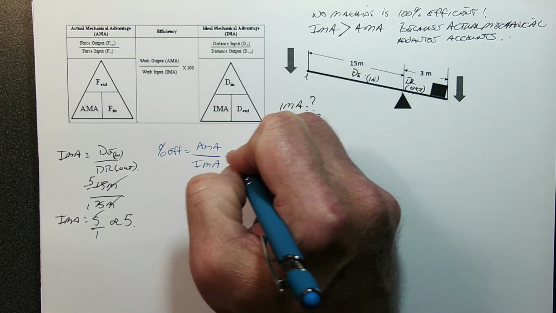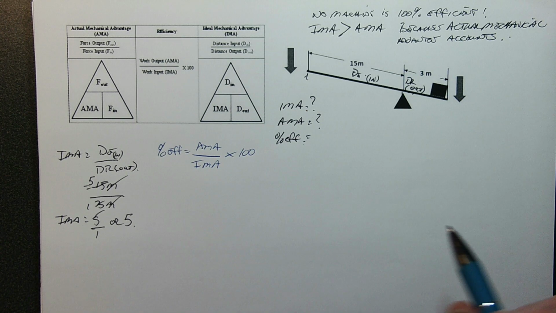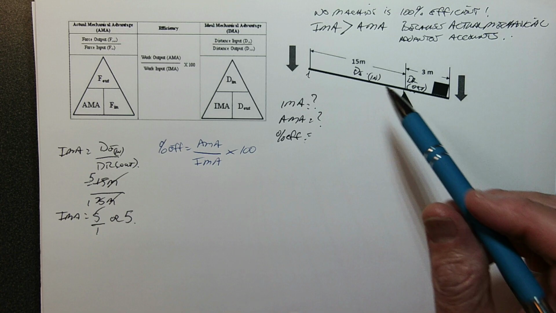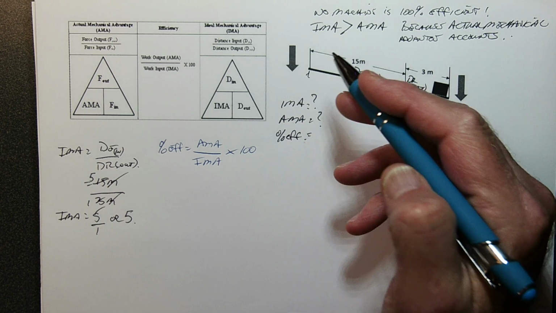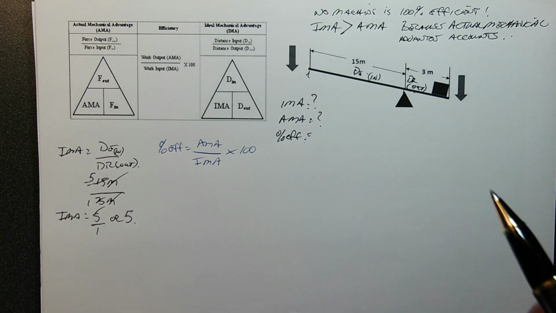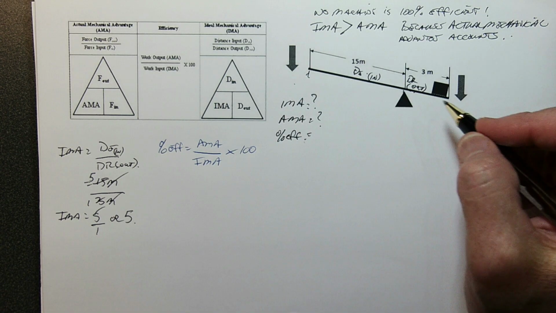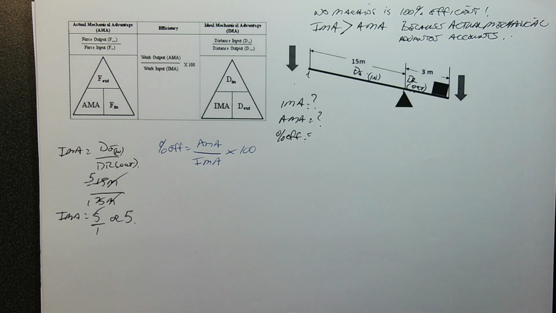Do I have enough information on this page anywhere to actually solve this? And the answer to that is no. We don't have our actual mechanical advantage, and we don't have our percentage efficiency, nor do we have any of the forces being applied to this. We just have very few numbers. So we have to be given some more information to do this.